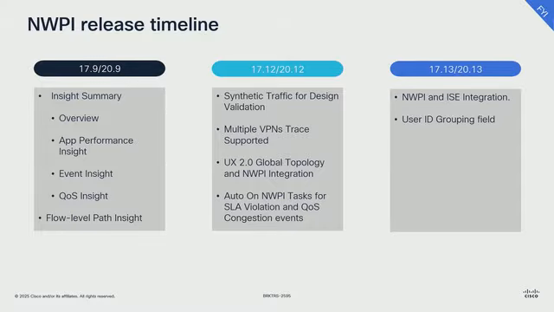A little bit of timelines, you don't have to bother about it. Just keep in mind, 17.13 is where we have integrated NWPI with ICE. By doing so, the traces that we take are one step closer to the source of the problem itself. We can directly use the user itself as our filter criteria. We'll come to that.